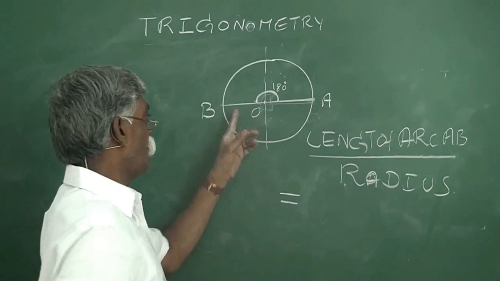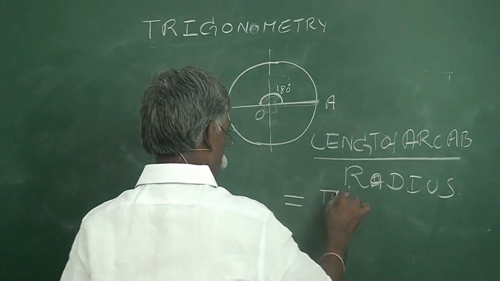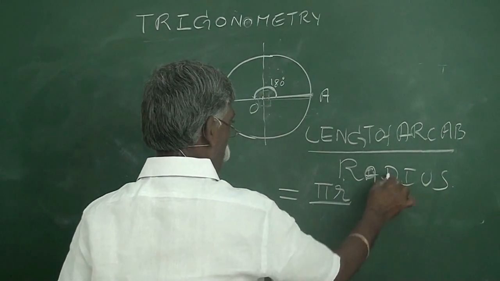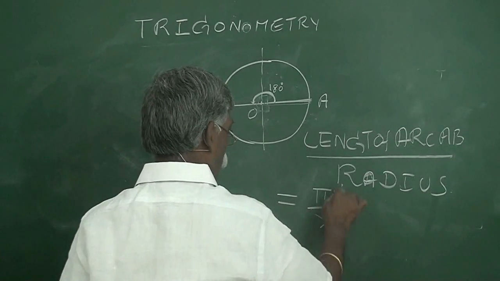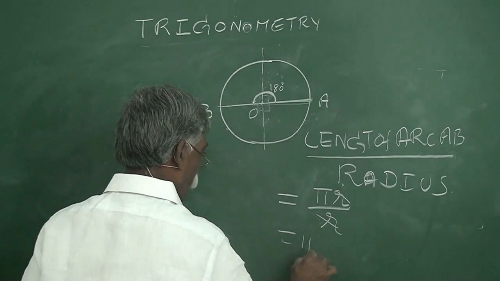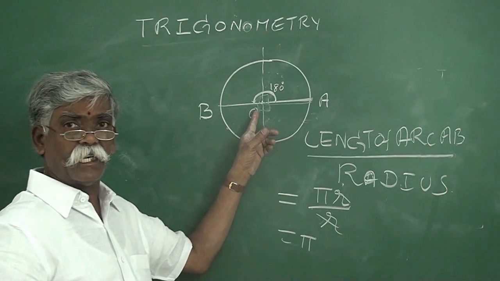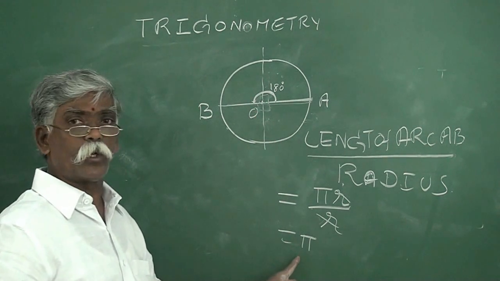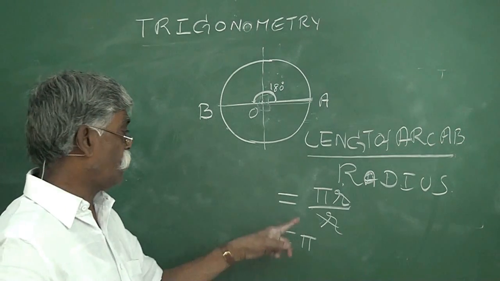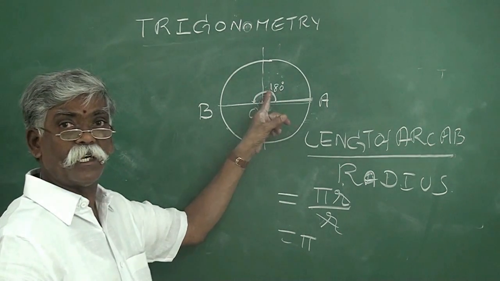Therefore, this is pi r. By radius is r. R and r get cancelled. This is pi. So the same angle in sexagesimal system, 180 degrees, is equal to pi radians. Hence pi radians is equal to 180 degrees.